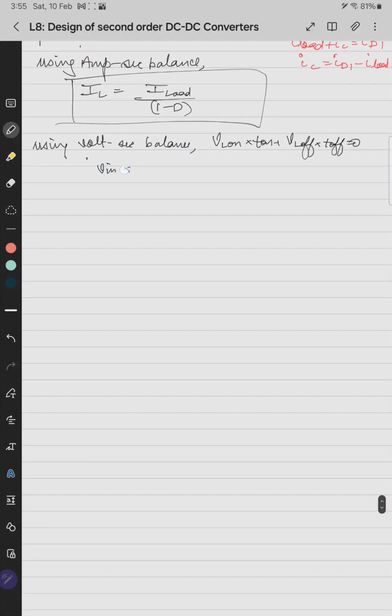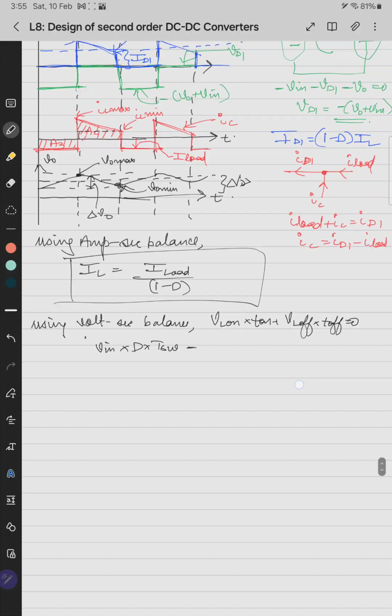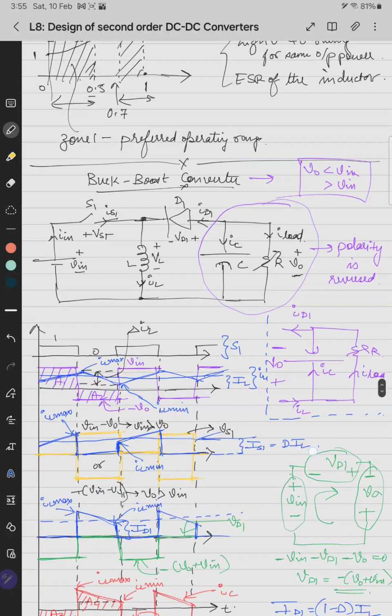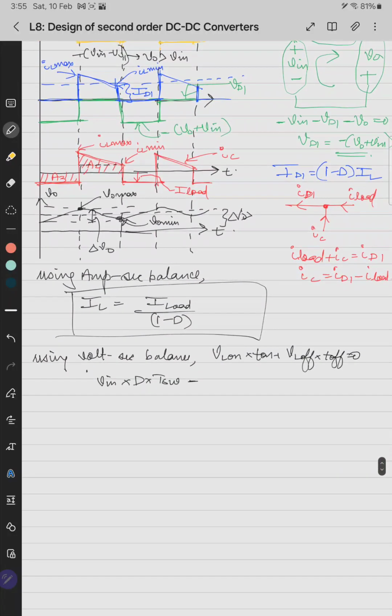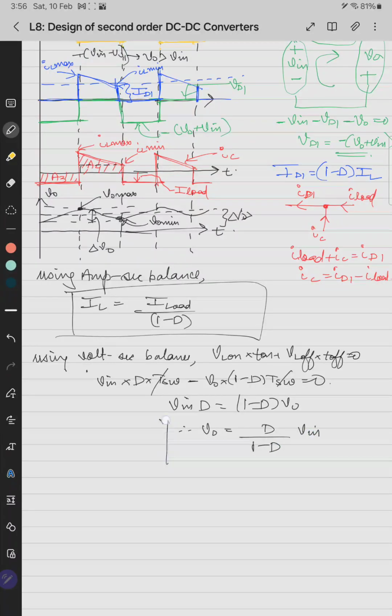So V in into T switching minus V naught into 1 minus D into T switching will be 0. So T switching will go off. So V in into D equals 1 minus D into V naught. Therefore V naught is D by 1 minus D into V in. This is with the polarity reversal.